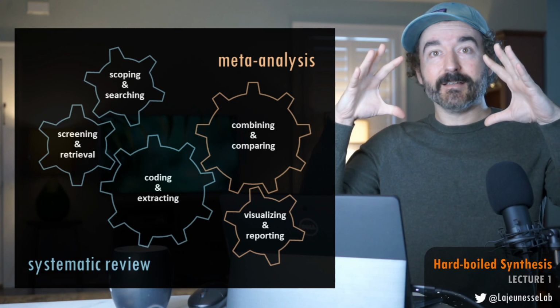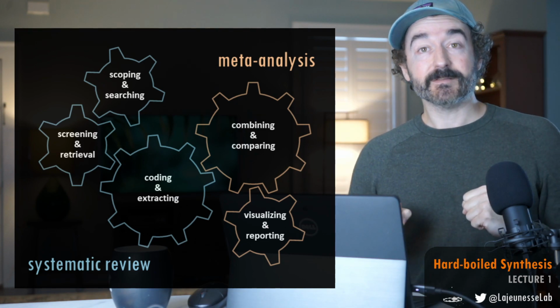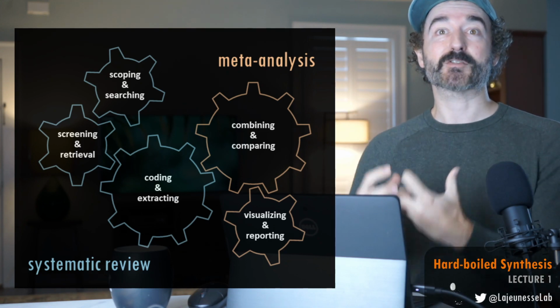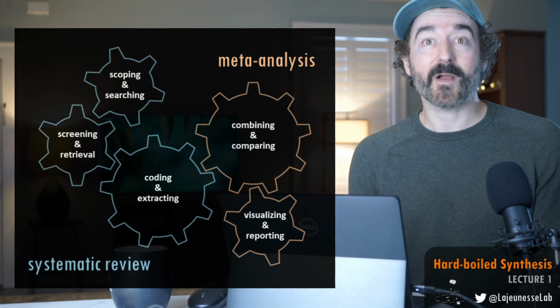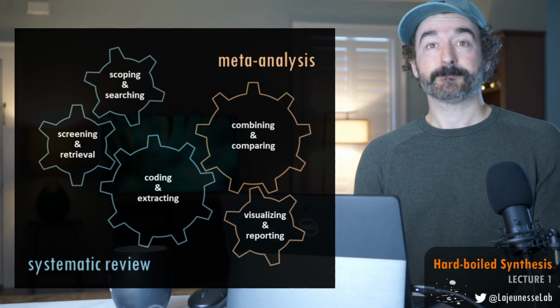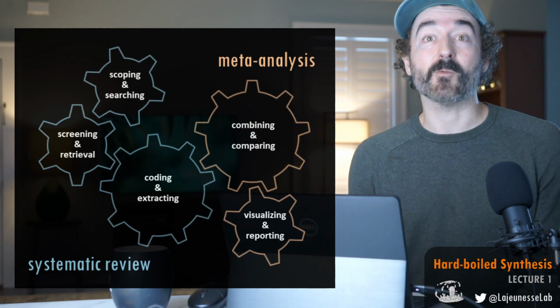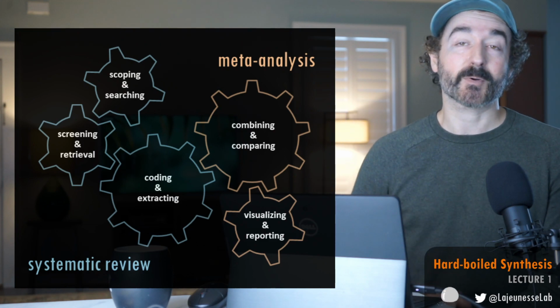And when the systematic review part is done well, the meta-analysis part becomes that much more potent in terms of how well the stats work. And when they work together, oh boy, do we get a wonderful thing: a high quality research synthesis project.